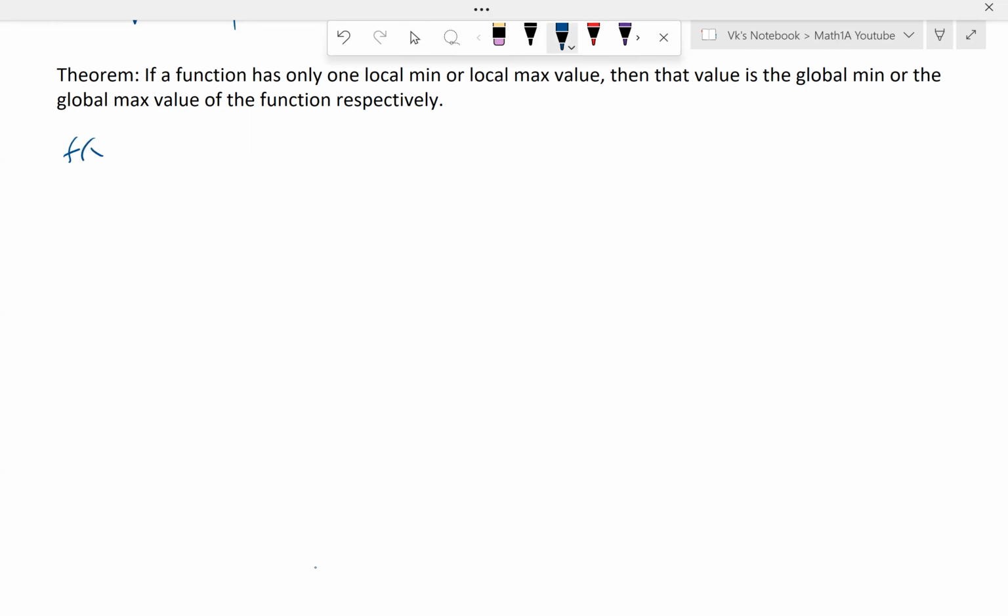A parabola f(x) equals ax squared plus bx plus c. So f prime x is 2ax plus b. And if we set this equal to 0, then x is minus b over 2a.